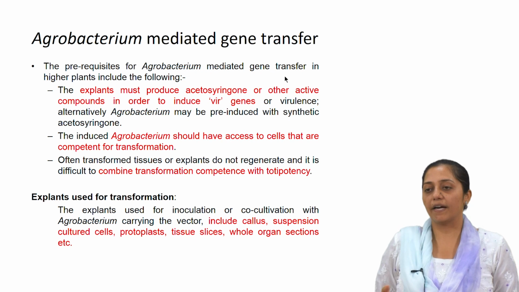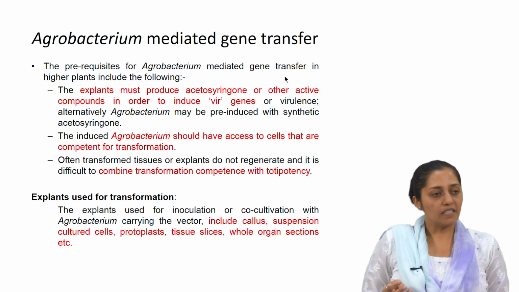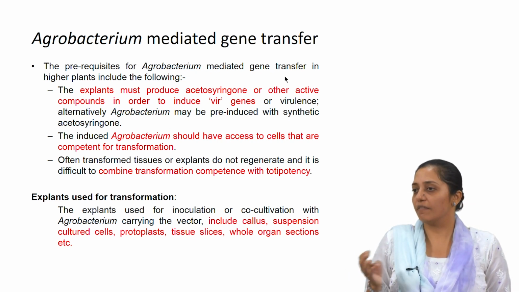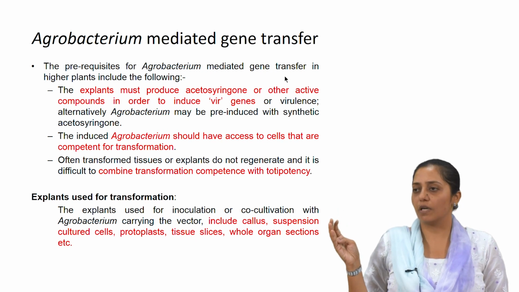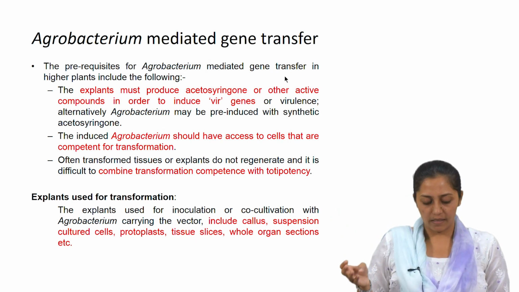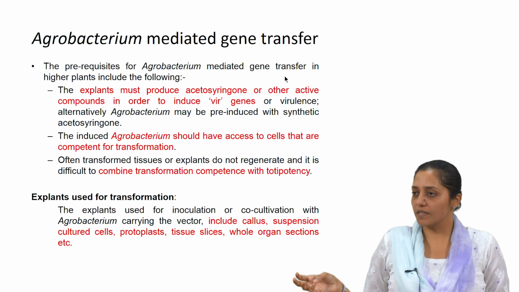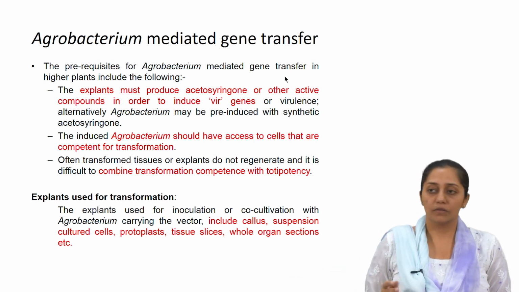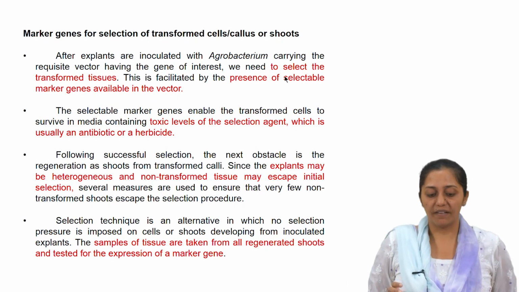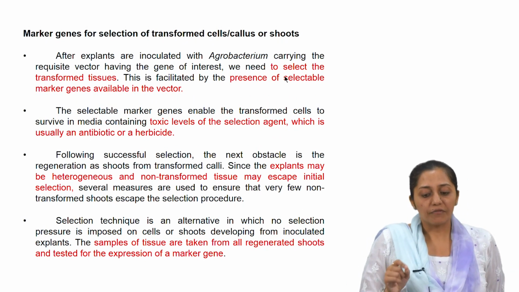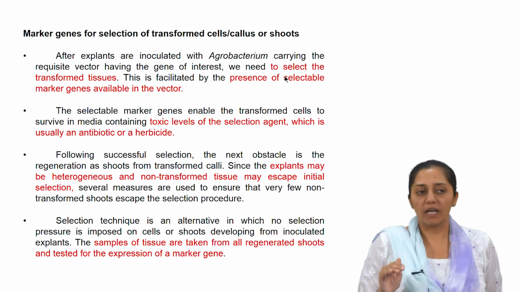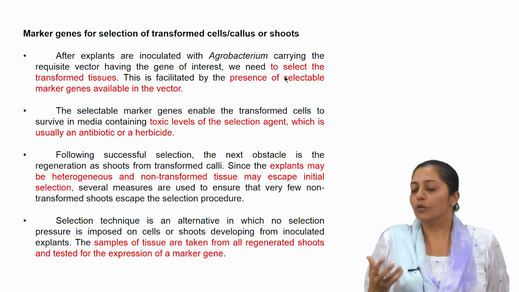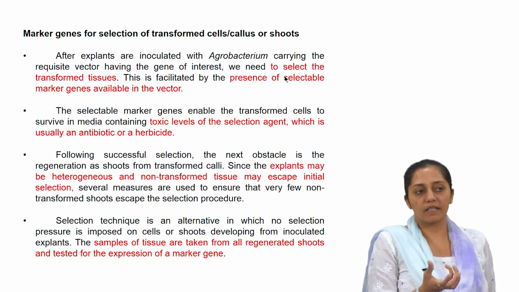In literature, you will find the cells or tissues used vary from callus; all kinds of in vitro cultures can be transformed. Callus, suspension cells, protoplast, then tissue, whole organ, entire plant. So, there is a wide range. Now, after explants have been co-cultured with Agrobacterium, how do you detect which cells are successfully transformed?